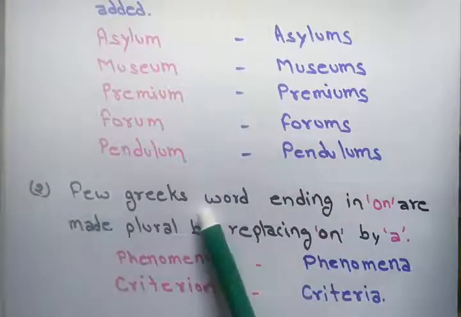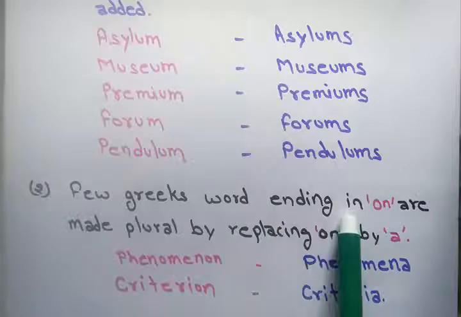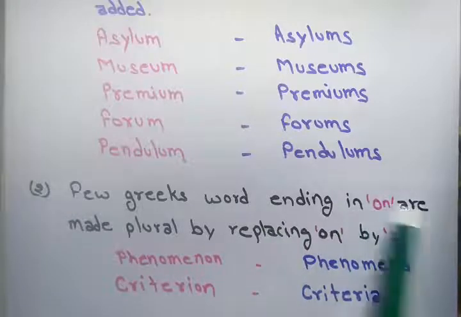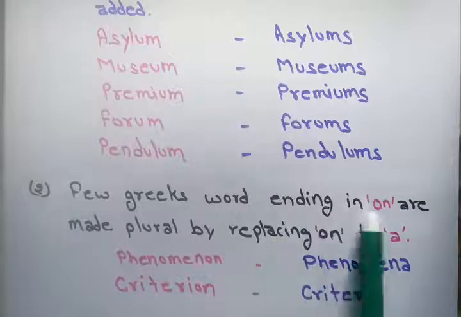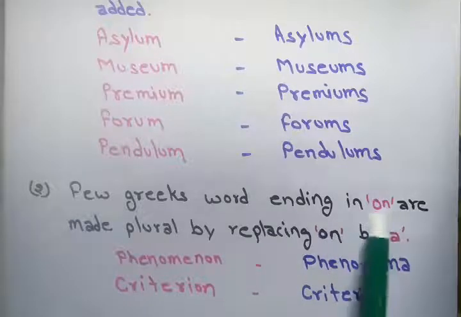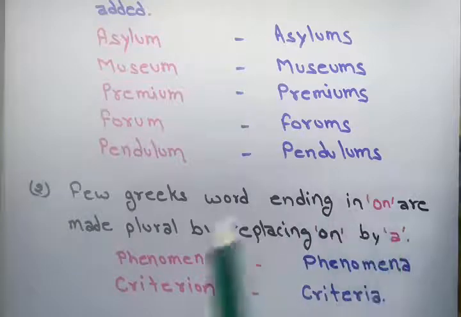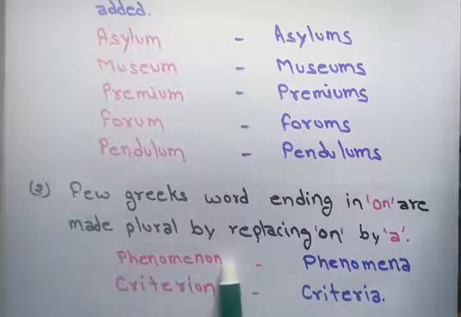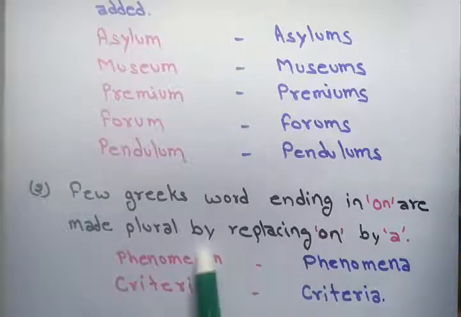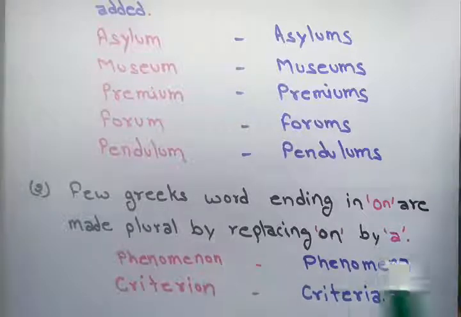Second, a few Greek words ending in on are made plural by replacing on with a. Ending in on and replacing it with a. For example, phenomenon: the on is removed and replaced by a.